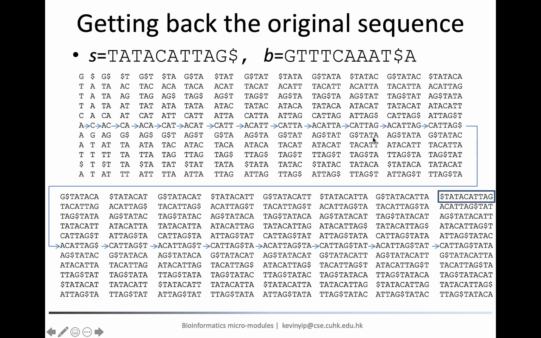Now we look at the first row and move the $ symbol to the end, which gives us $, as the output, just as we have expected from the beginning.